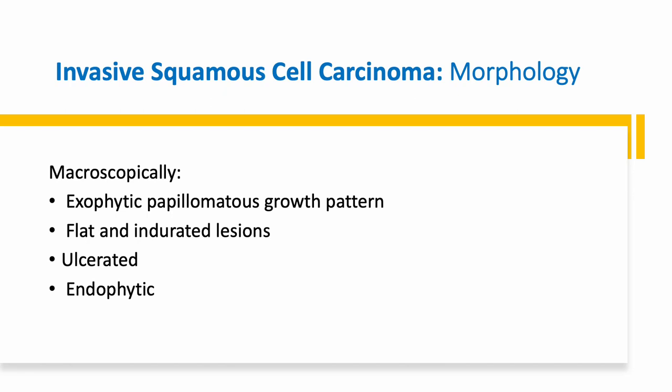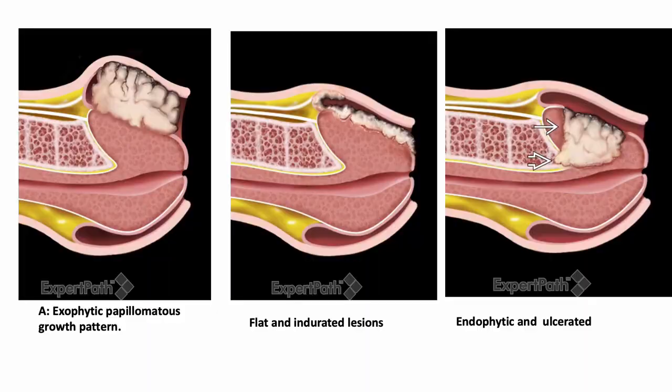The morphology of invasive squamous cell carcinoma in the penis can be an exophytic, papillomatous growth, or a flat, indurated, ulcerated and endophytic lesion. Those illustrations show different growth patterns.